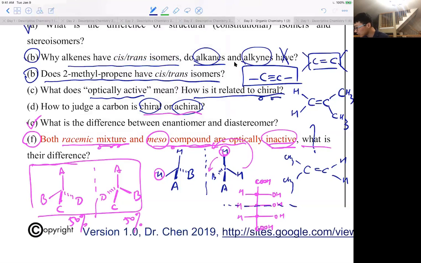So this kind of stuff, multiple chiral centers, but there is either a mirror plane in the molecule or an inversion center in the molecule, is called meso. The top half polarizes the light into one direction, and the bottom half changes the direction of the polarized light into another direction. So they cancel out internally in the same molecule, right?